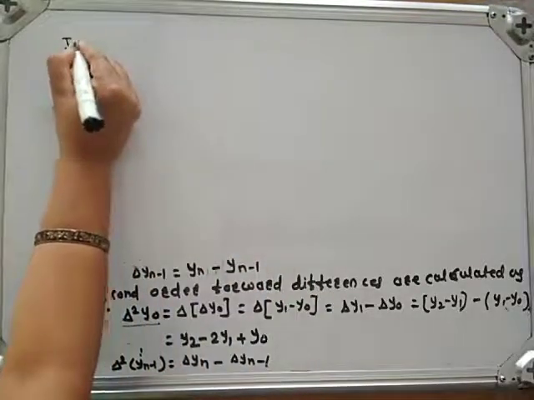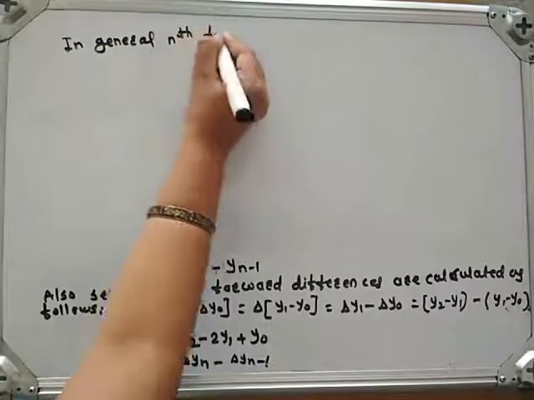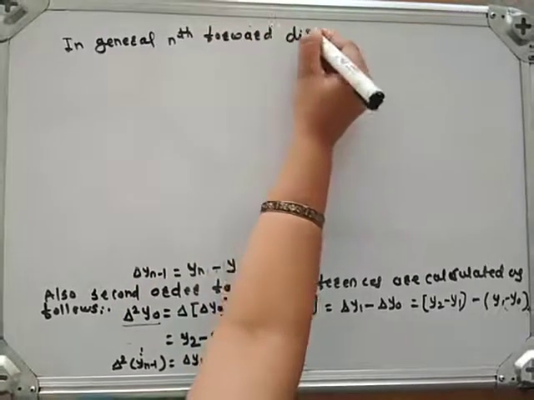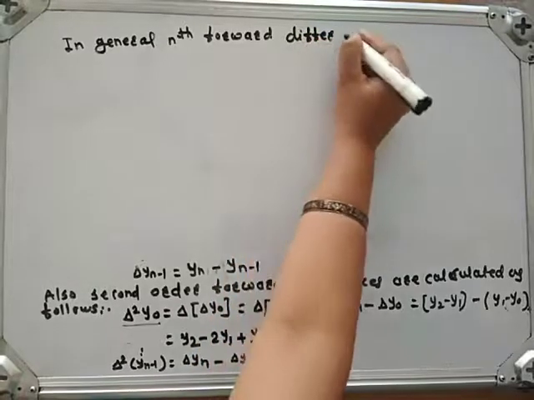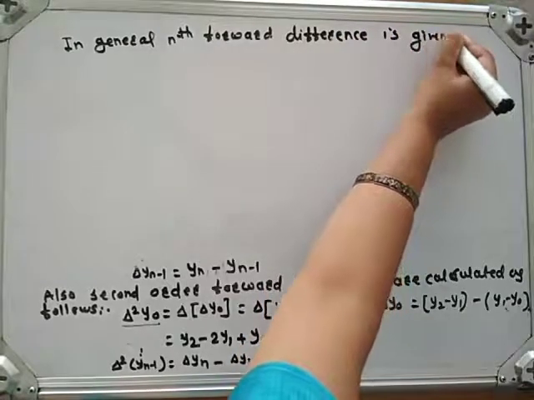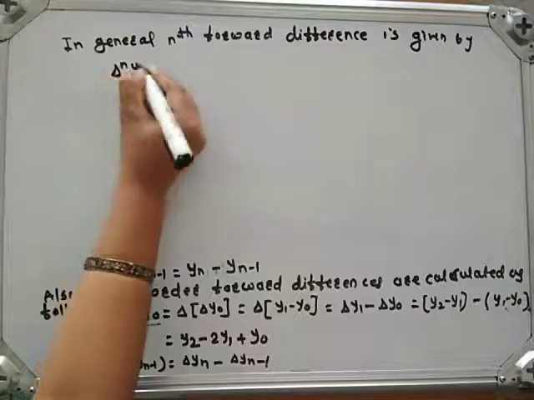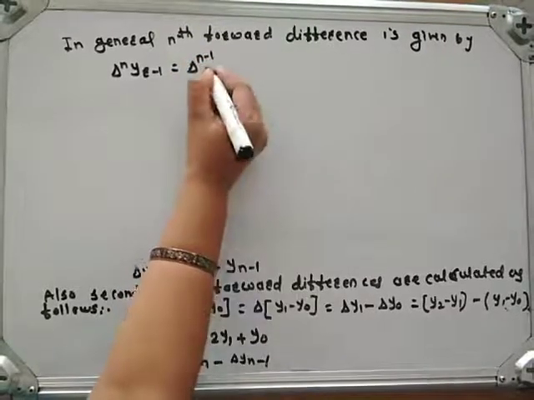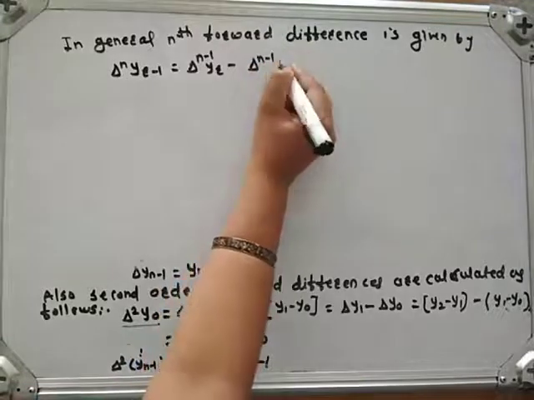In general, the nth forward difference is given by delta raised to n y(r-1), which is nothing but delta raised to n-1 y r minus delta raised to n-1 y(r-1).